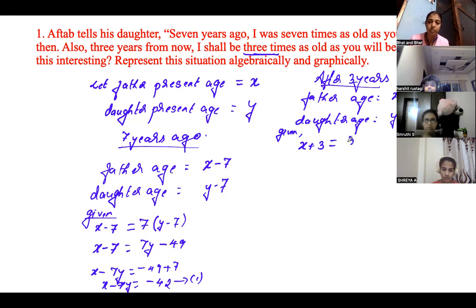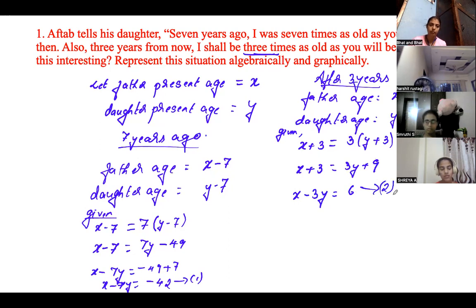Father will be 3 times the age of daughter after 3 years. Understood this? So now we will simplify this. So it will become X plus 3 is equal to 3Y plus 9. So X minus 3Y will be equal to 6. This 3, if you put this side, it becomes 6. So this is our equation 2. Got it?